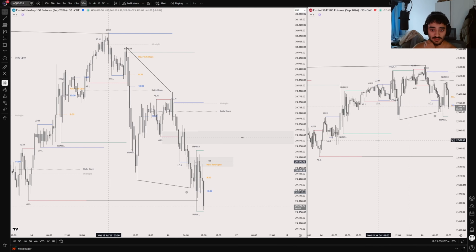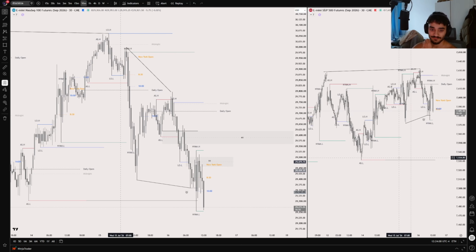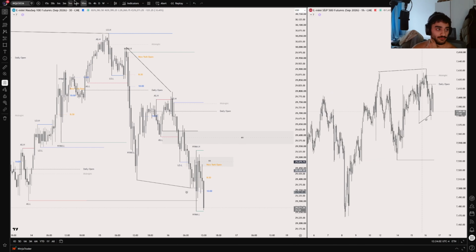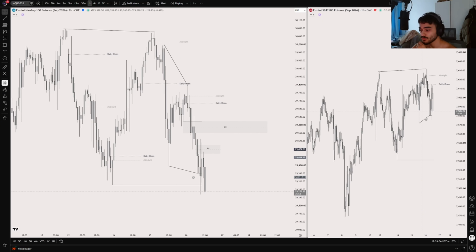So let's start with the day and the bias and what we want to see, right? Pretty confusing day, if I have to be honest. Wasn't all too sure what I wanted to see. As you guys can see, we had an SMT here and an SMT here. So it was more like a let's see what's gonna happen today kind of thing.